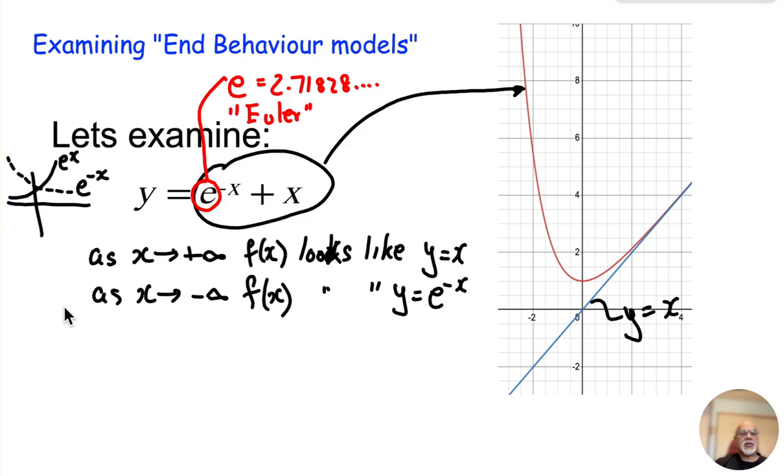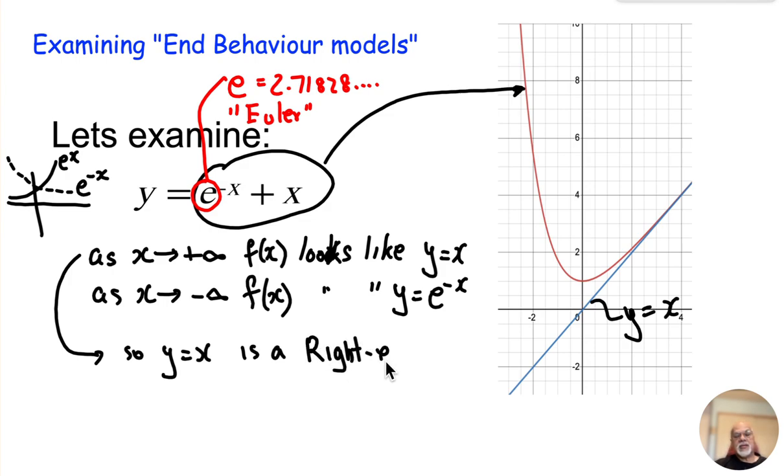What's the conclusion of this? Well, what this says is, y equals x is a right end behavior model of f of x, right? Because that was x going to positive infinity.